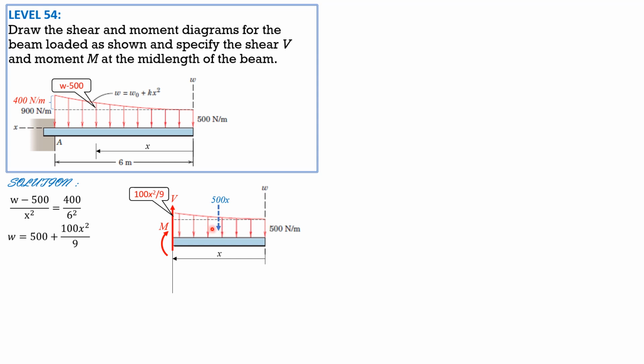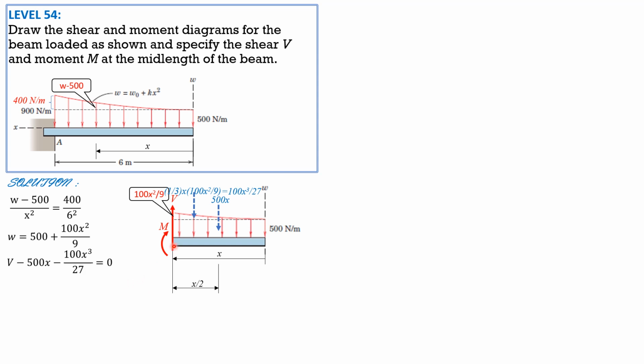So this is 500 times x. The moment arm is x over 2. And the other one is 1/3 of x times 100x square over 9, and its moment arm from the left is x over 4. So simplifying, that's 100x cubed over 27, and its distance from the left is x over 4.